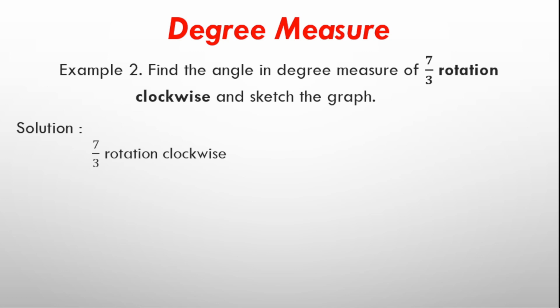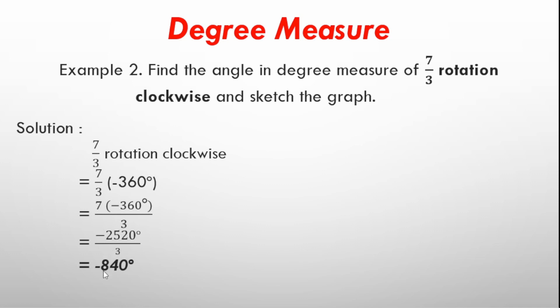So all we need to do is multiply negative 360 degrees by our fraction 7/3. So it becomes 7 times negative 360 degrees divided by 3. Multiplying 7 times negative 360 degrees, it becomes negative 2,520 degrees divided by 3. Simplifying, it becomes negative 840 degrees.